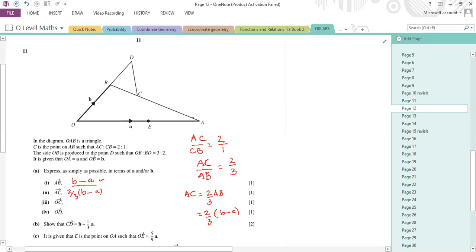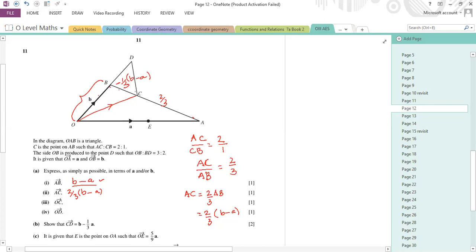Now from O to C. We have already seen that this is 2/3 and this is 1/3. So simply 1/3 of (B minus A), and this is B. So we are going to write O to C. If I want to go from O to C, I will take this and this. One thing here is that it is going to be negative, because AB we have got as B minus A, right?